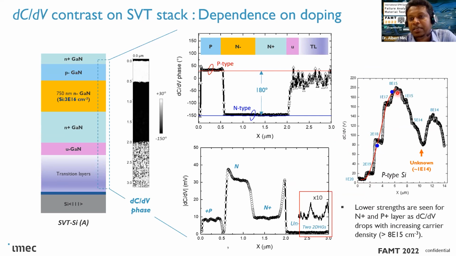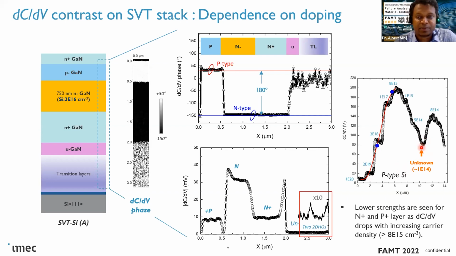But as we continue to lower the doping concentration furthermore, dC/dV drops. And at this point, where we do not know how much the doping concentration is, even with additional techniques like spreading resistance profiling, we believe if we just extrapolate it, we are able to look at 1E14 per centimeter cube of doping concentration.